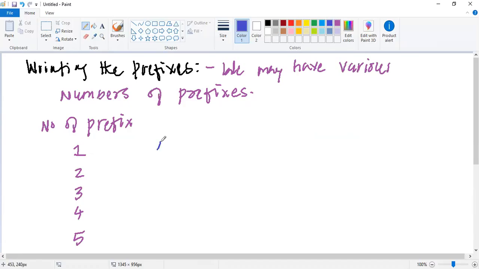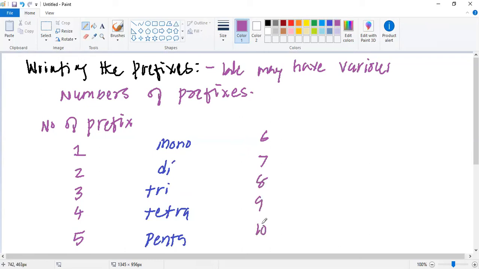For 1, we may write mono. For 2, we may write di. For 3, we may write tri. For 4, we may write tetra. For 5, we can write penta. Same way, for more numbers, 6, 7, 8, 9, 10: for 6, we may write hexa.